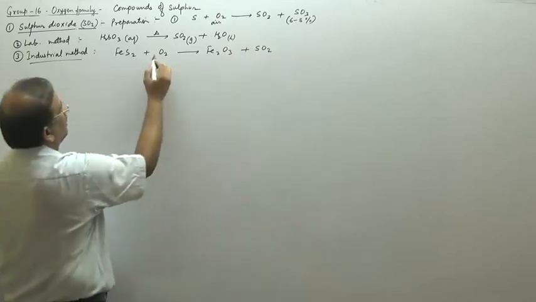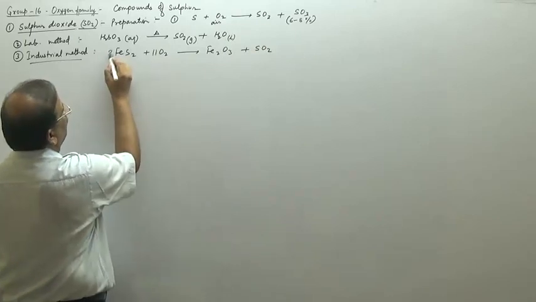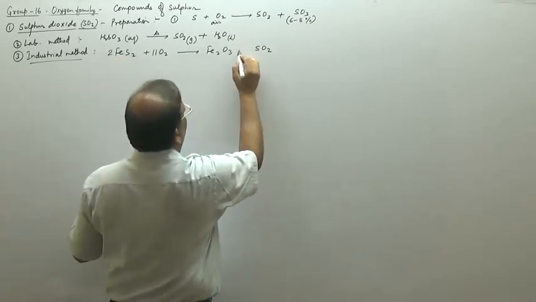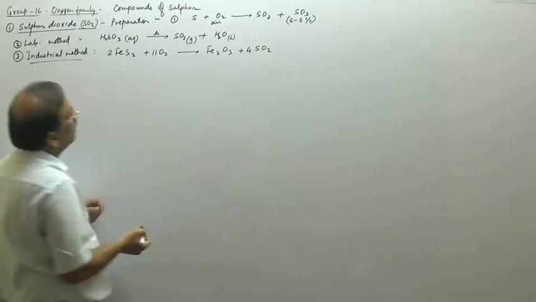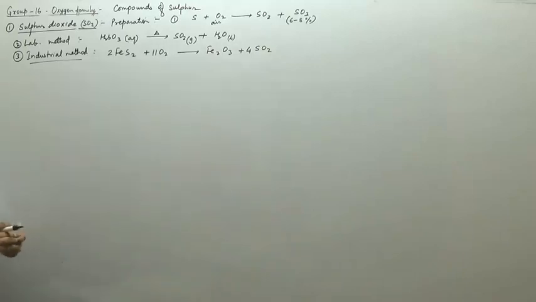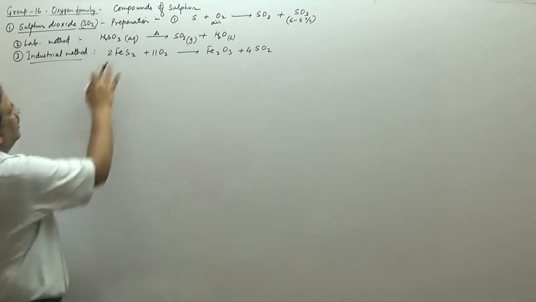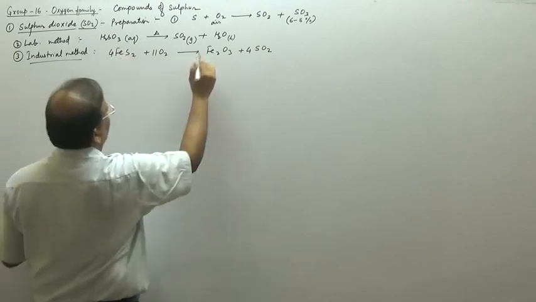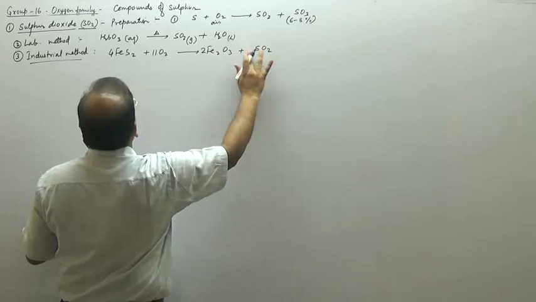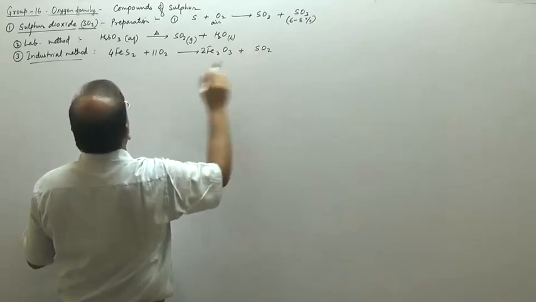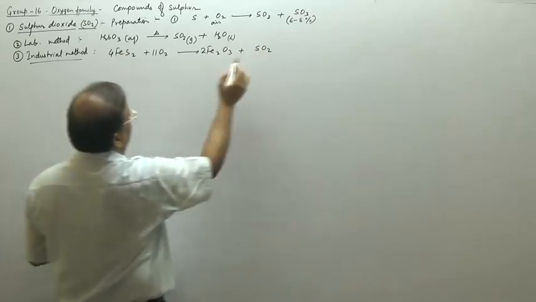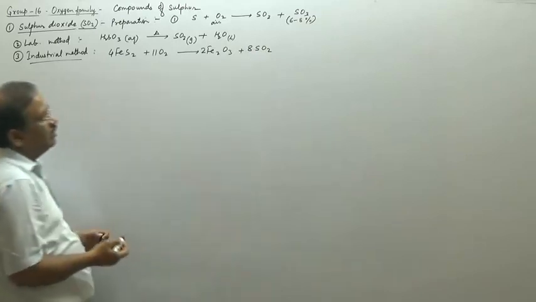So it is 11 O2, we write twice of this and we get 4 of this. That is how we can balance the reaction. So we get 11 O2, this is 4, now this will be twice and this will be sulfur, that is 8. So this is the balanced reaction we can write.